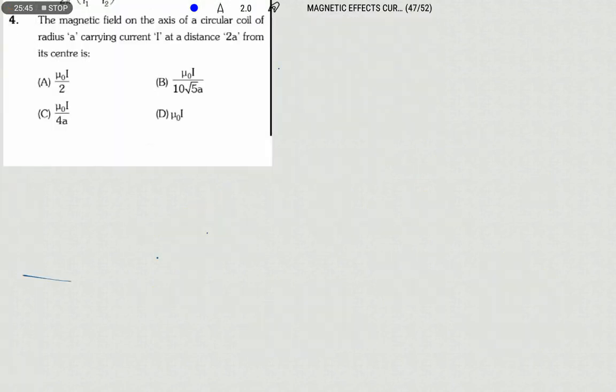The magnetic field on the axis of a circular coil of radius A and carrying current I at a distance of 2A from the center. So same formula. So B is equal to mu naught I r square by 2 times of x square plus r square all to the power of 3 by 2.